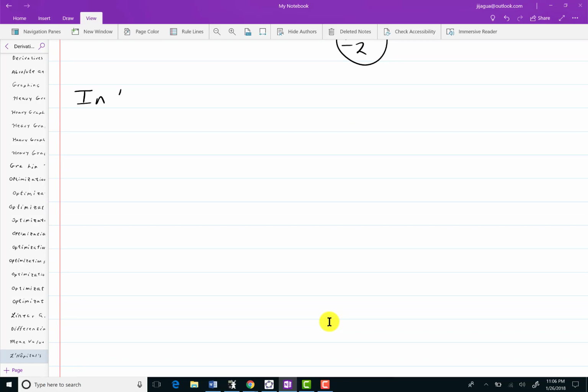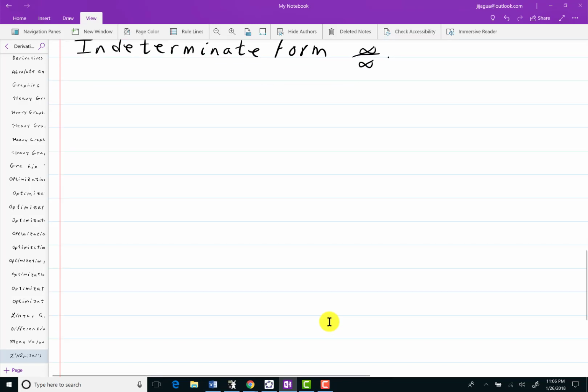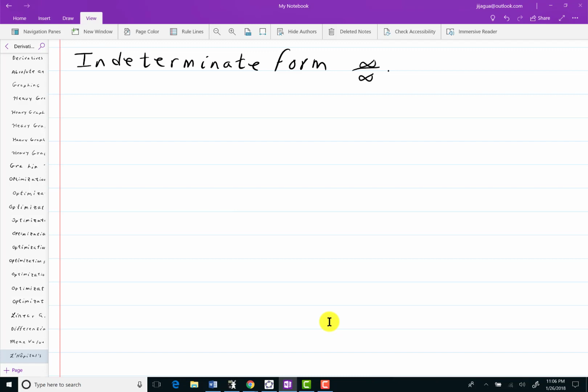The next indeterminate form is infinity over infinity. And of course, L'Hopital's rule says it works for infinity over infinity. So let's do some examples involving this.